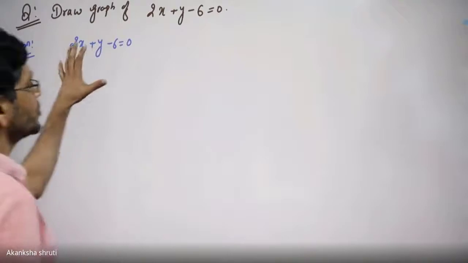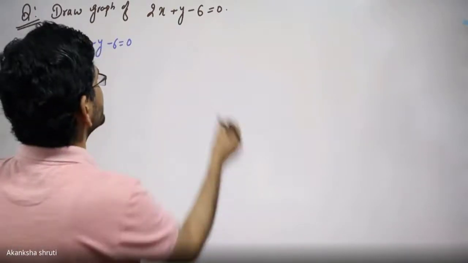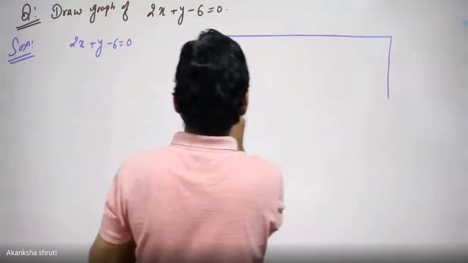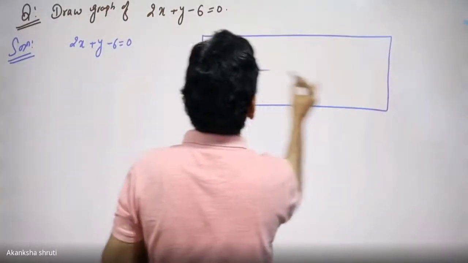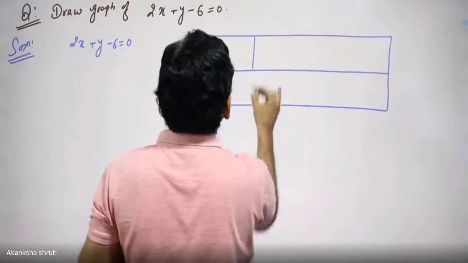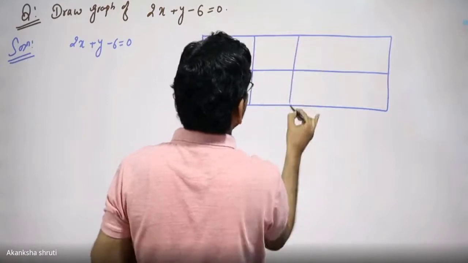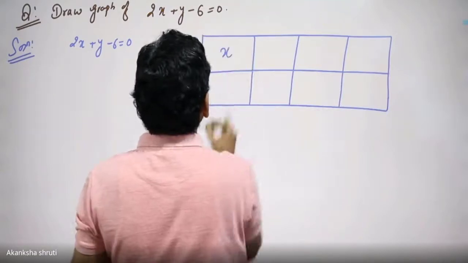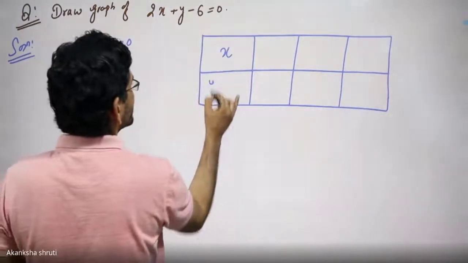What you shall do, no need to calculate each and every solution. You just make a table. Okay? Directly you just make a table. And you have to do a few calculations side by side, and just fill this table. Students, here we will take x, and here we will calculate y.